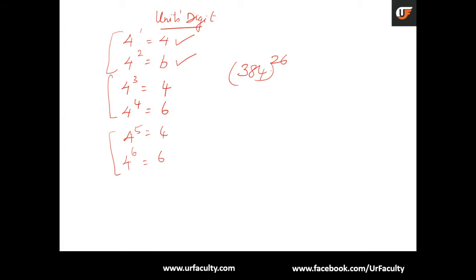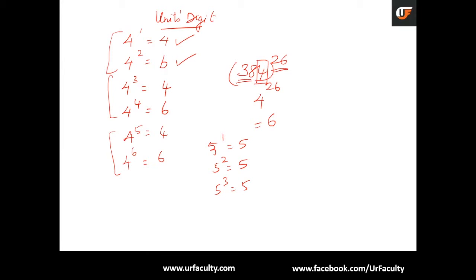So the answer in this case, the power is even. Please don't even worry about this number. Just take the units digit. It is like 4 to the power of 26, and 26 is an even number, and hence the units digit is 6. It's very simple, isn't it? Now, what if the number ends with 5? 5 power 1, 5. 5 square, 5. 5 cube, 5.